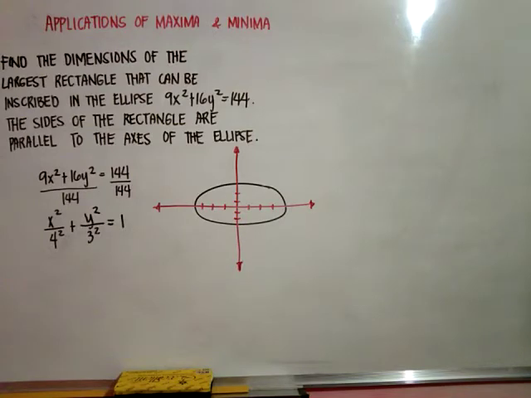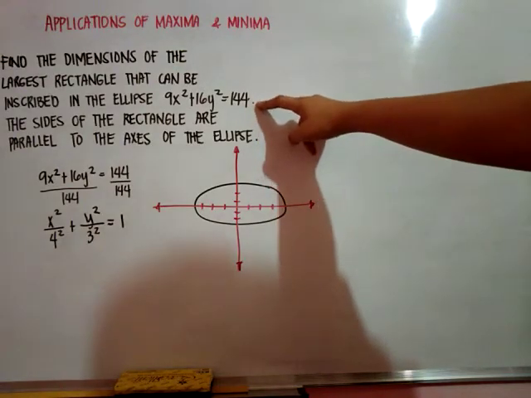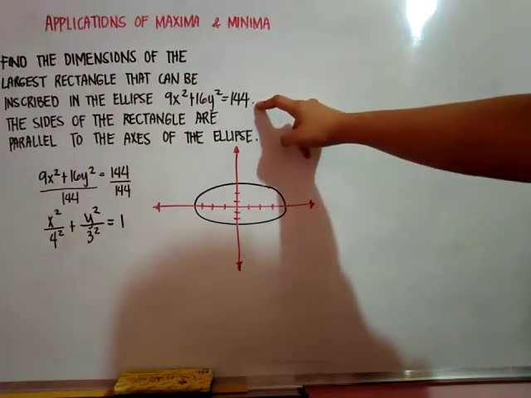So, dapat meron kayong basic knowledge how to plot the graph of the ellipse. Paano ba? Given yung equation ng ellipse, we have 9x squared plus 16y squared equals 144.